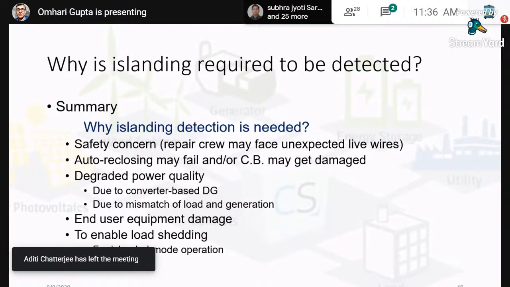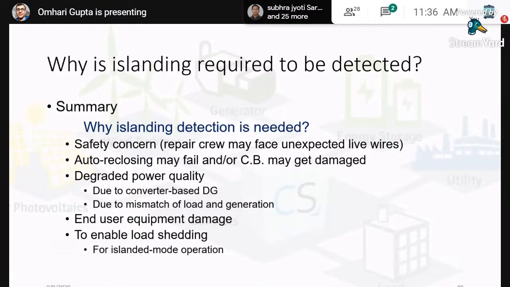This may also be due to the mismatch of load and generation. End user equipment may be damaged if the power quality is degraded. And to enable load shedding for the islanding mode of operation, you have to detect the islanding. So these are a few reasons you should detect the islanding.